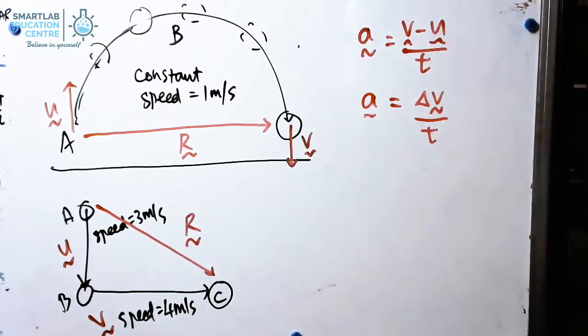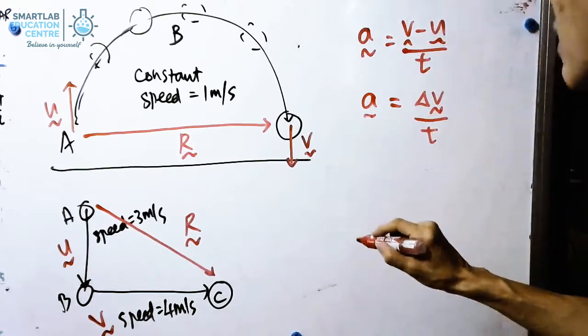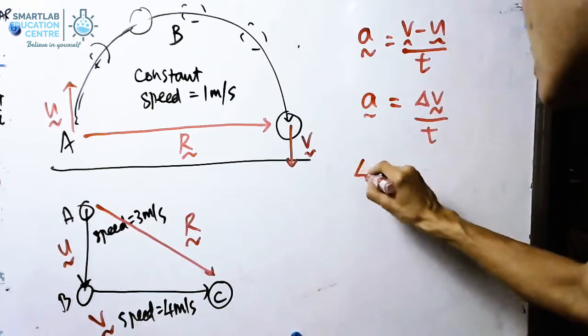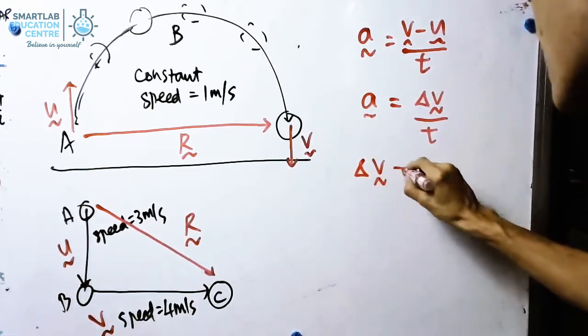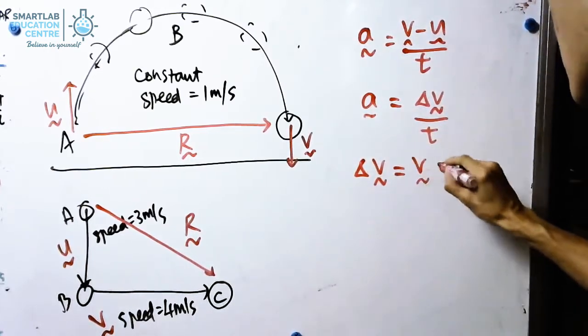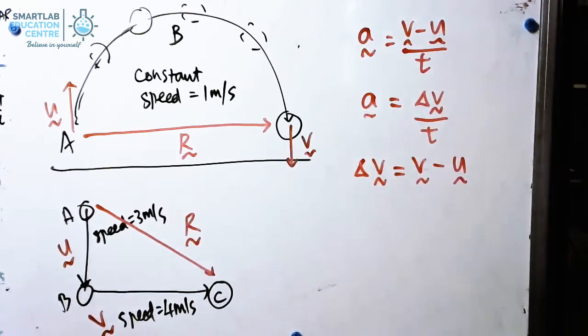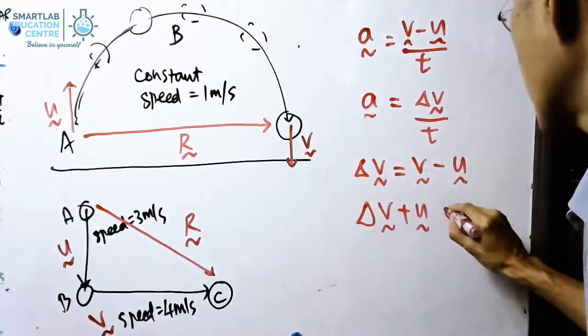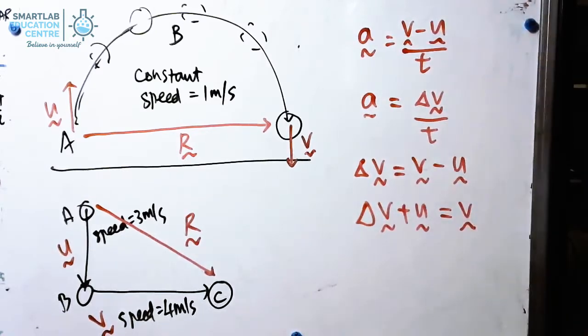The change in v is the vector component that we will be interested in. So change in v in this case would be v minus u. And in terms of the vector diagram, this will be the case.